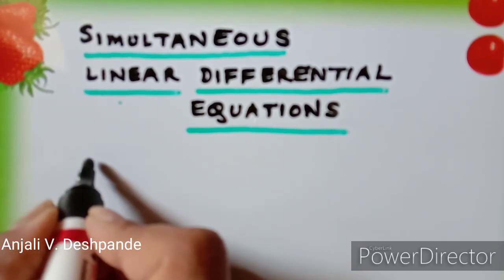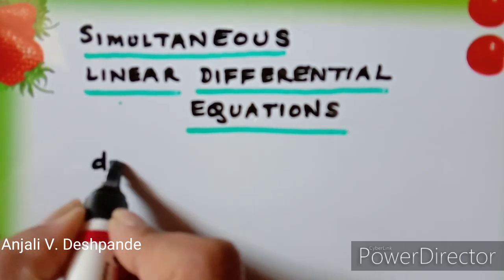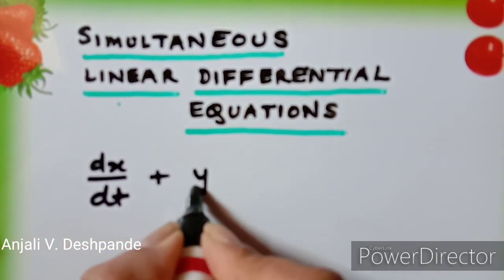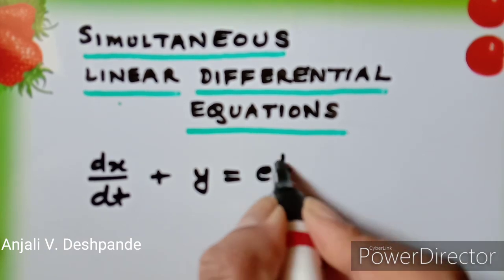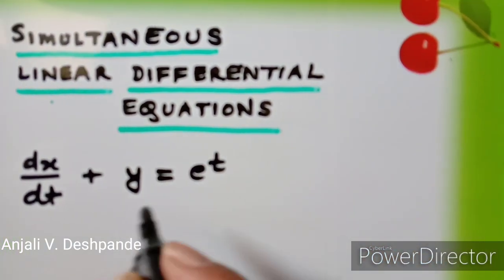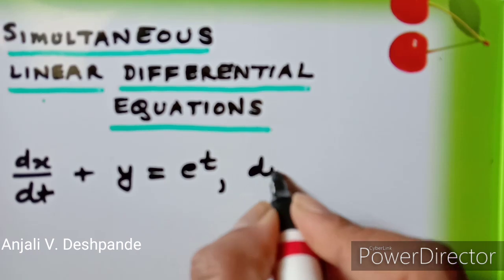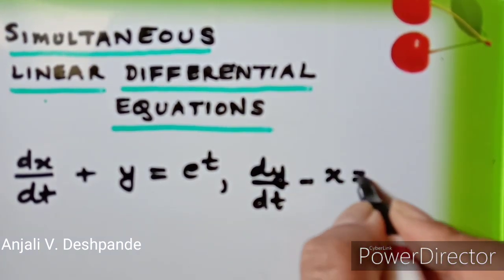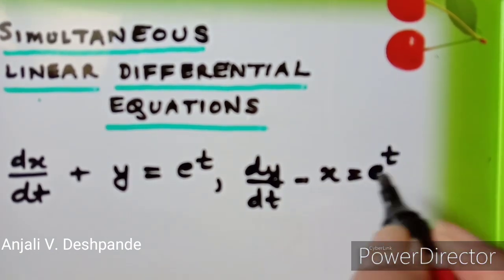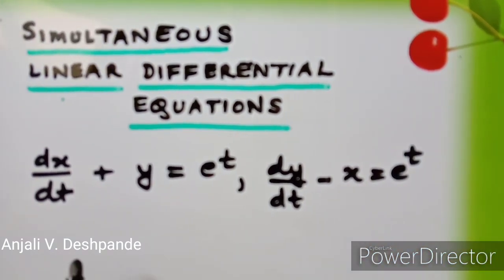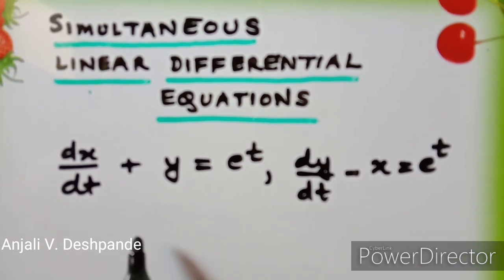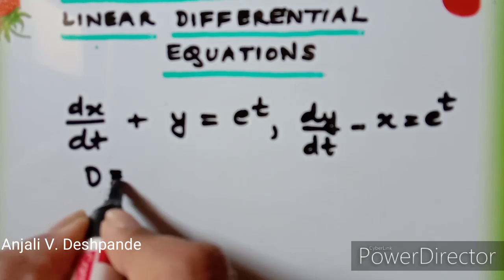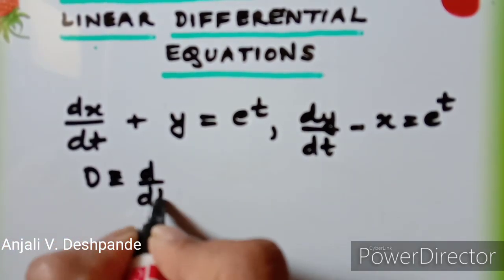Supposing we have to solve this given system of equations, dx by dt plus y is equal to e raised to t, and the second equation is dy by dt minus x is equal to e raised to t. So over here what we are going to do, we are going to rewrite these equations by making use of this D operator. So D is d by dt.